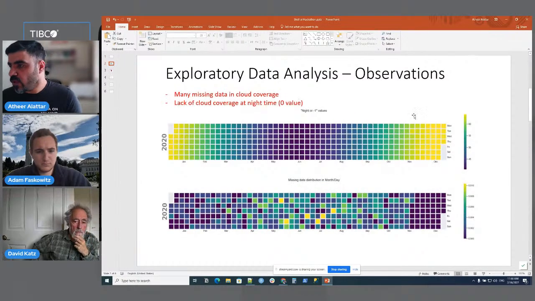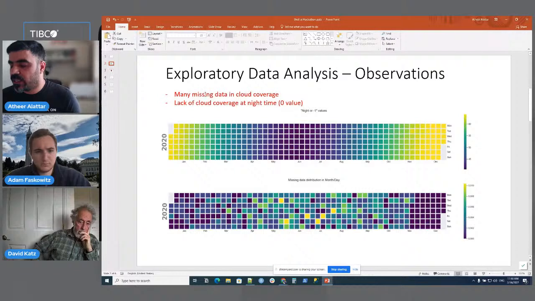We did some data exploration, looking at the distribution of the night values.